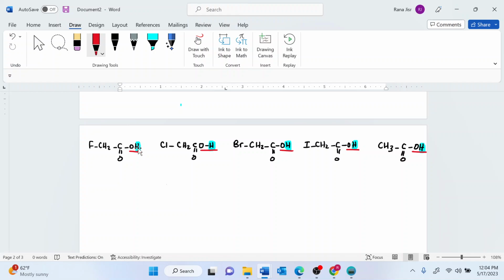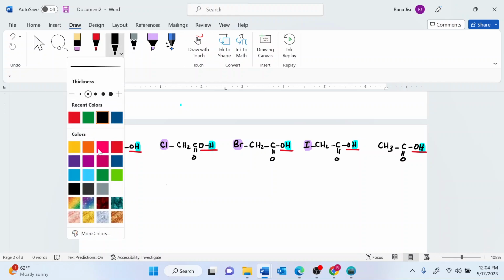I have to compare the acidic hydrogen based on the electronegativity and how powerful the electronegative atom is. So I have here different types of electronegative elements. I have a fluorine, a chlorine, a bromine, and iodine, and I have no electronegative element on this structure here. So as you can see, the fluorine here is very close to the acidic hydrogen.